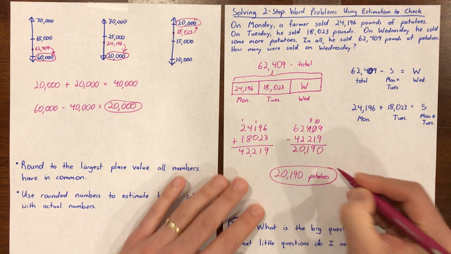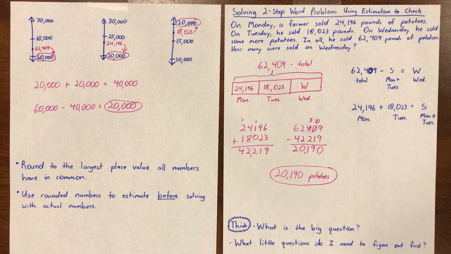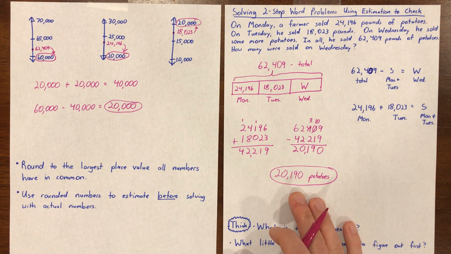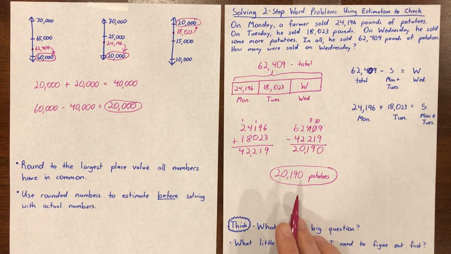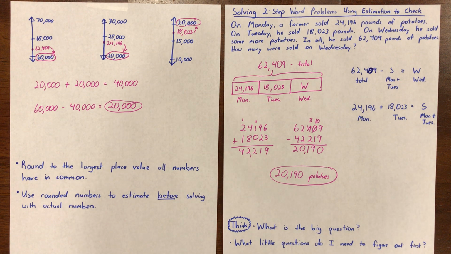on Wednesday. So let's think about if this answer is reasonable based on my estimate. Our estimate was 20,000. So do you think this is a reasonable answer to the problem? Why or why not? Say it out loud.